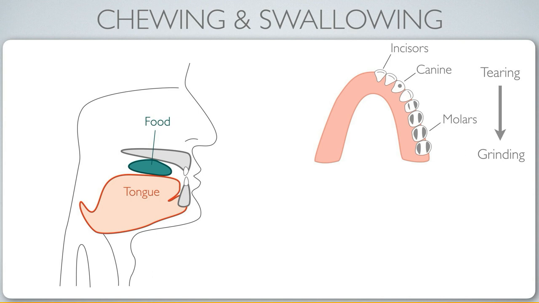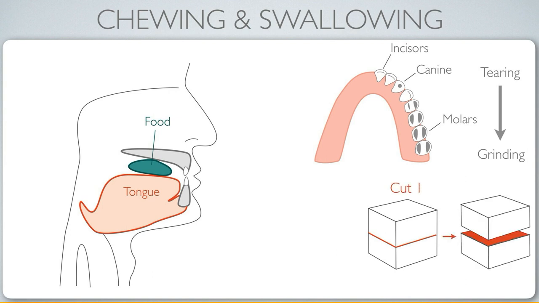So let's just imagine a volume. Let's just say it's a cube. And when you cut that cube in half, now you've exposed the surface area that the enzymes that might be acting on that cube can act upon. And if you make another cut and you were to do the calculation of areas that are exposed, what you would find is that the area is almost doubled with just those two cuts.